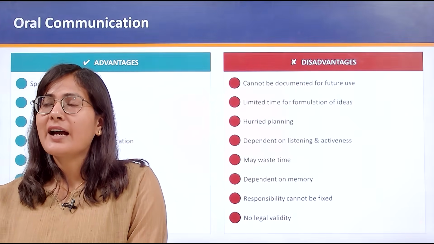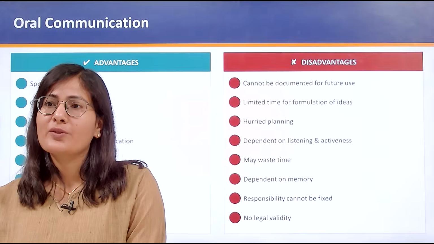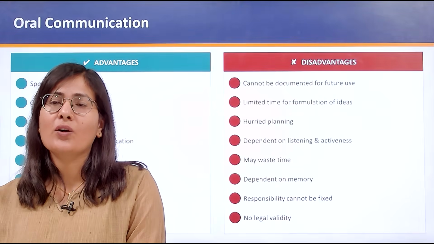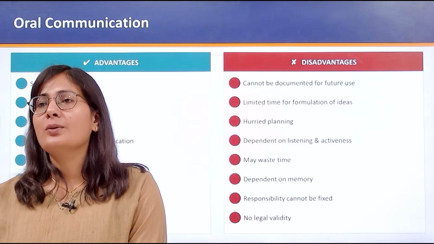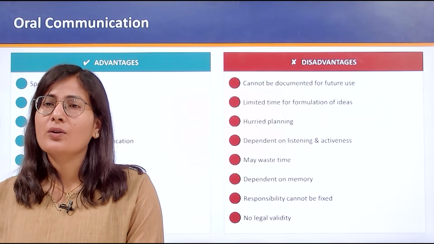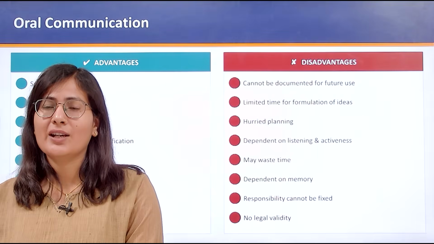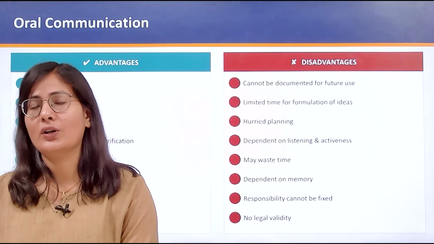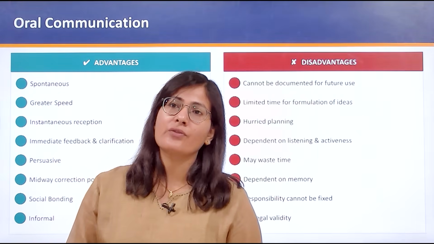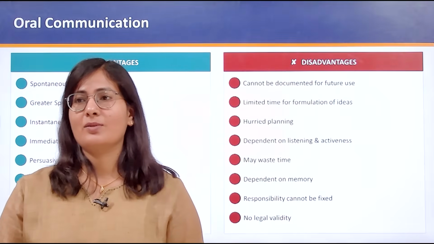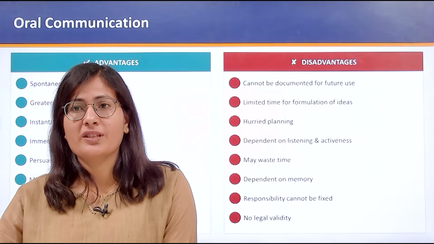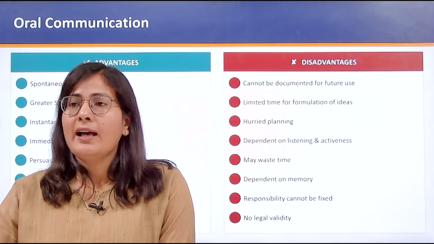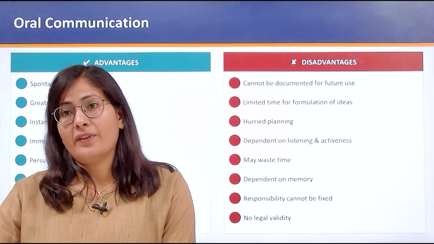And this entire process of oral communication also depends on the memorization process, or on your memory, or your presence of mind, right? Sometimes you are not always in a good mood to answer something, or to give a proper response or feedback to someone. So sometimes it also creates a very negative image or perception for you. And responsibility can't be fixed.